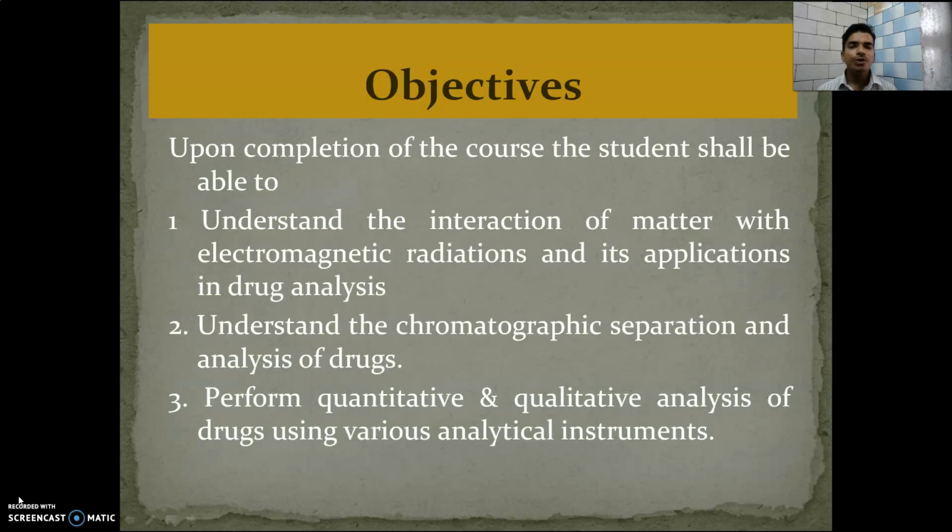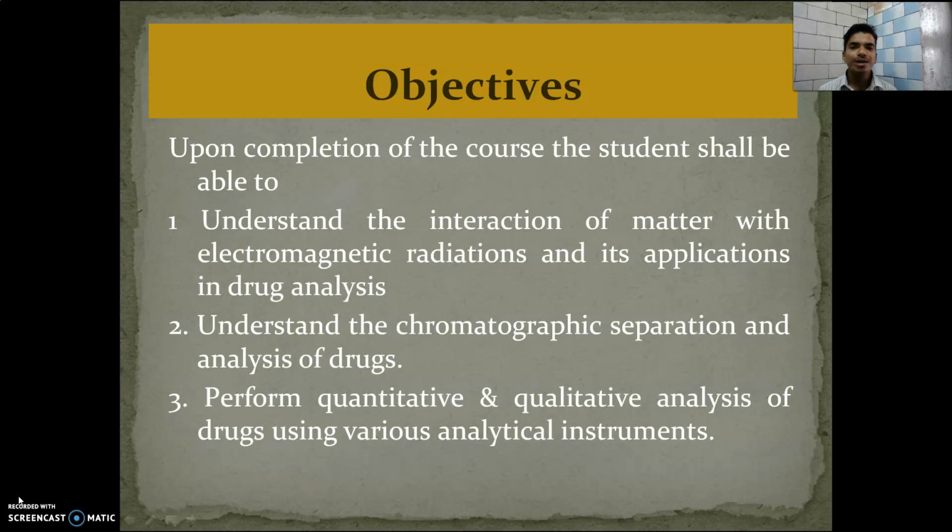Then the objective of this subject is, upon completion of the course, the student shall be able to understand the interaction of matter with electromagnetic radiation and its application in drug analysis.